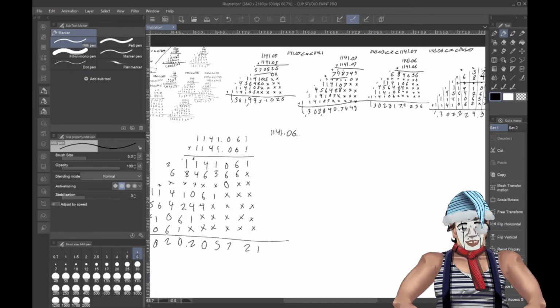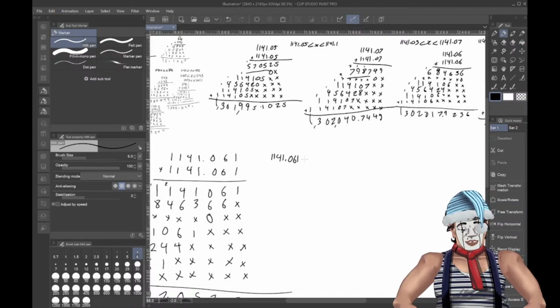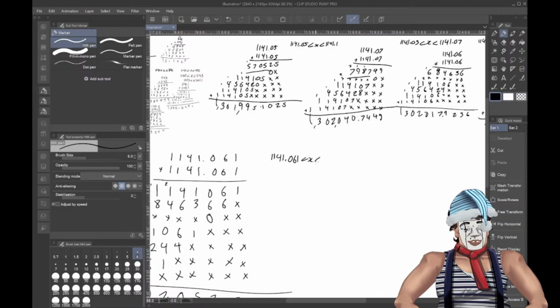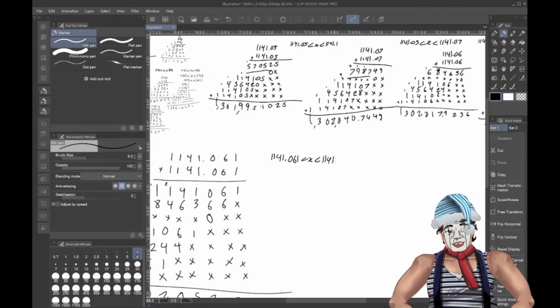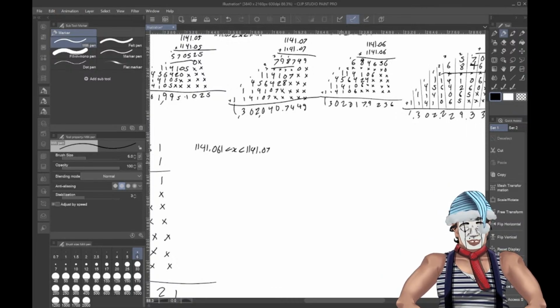Okay, what was the last range? This number's too small, so that means it's between 0.061 and 0.07. Wow. Feels like a lot of numbers. 1141.07. I want to get at least up to the 1000th place, I suppose. But let's see.